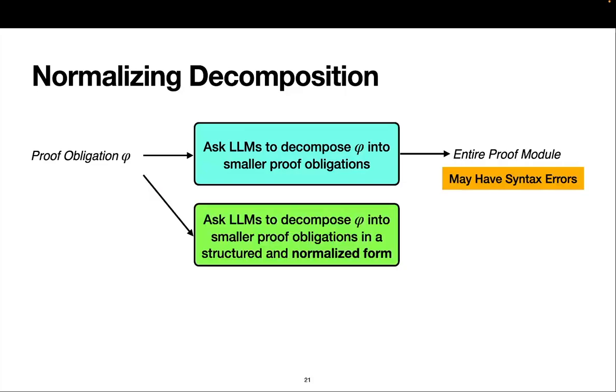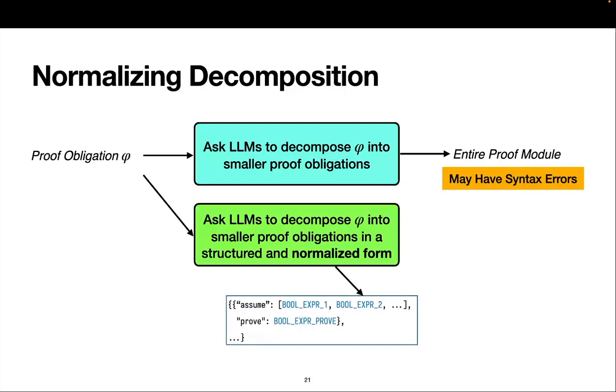So instead, we ask the LLM to only generate a structured and normalized decomposition which has minimum content. Specifically, the LLM will generate a JSON object. Each subclaim has an assumed field containing a list of Boolean expressions and a proof field containing a single Boolean expression. This is a much simpler output format compared to the entire proof module.